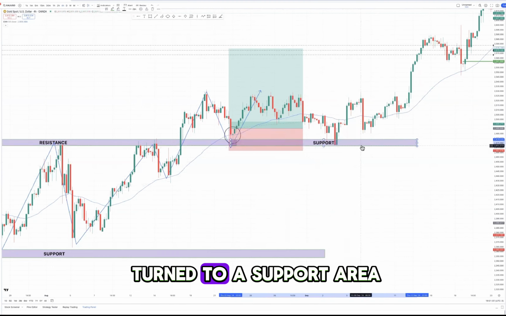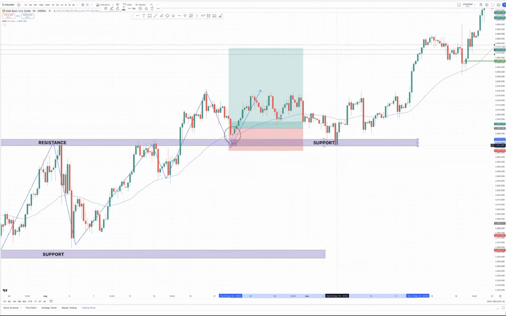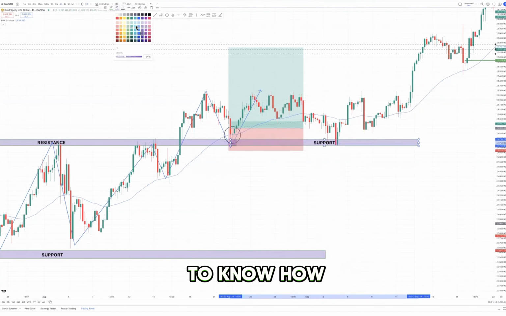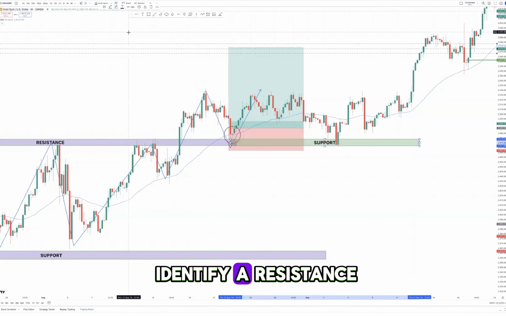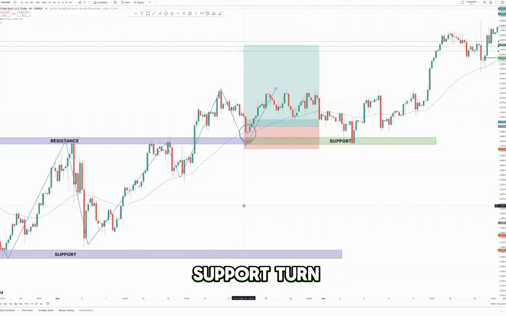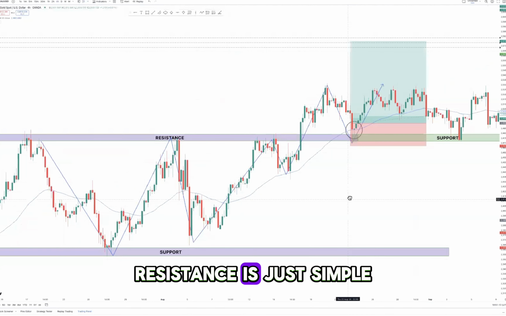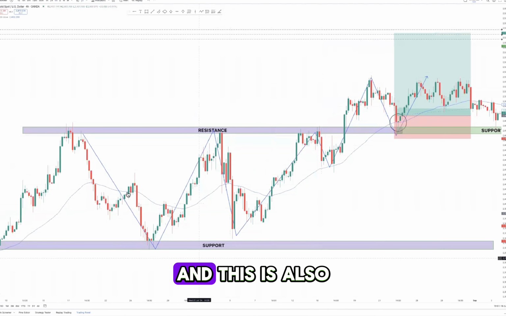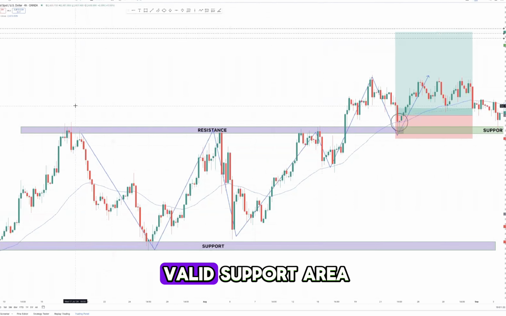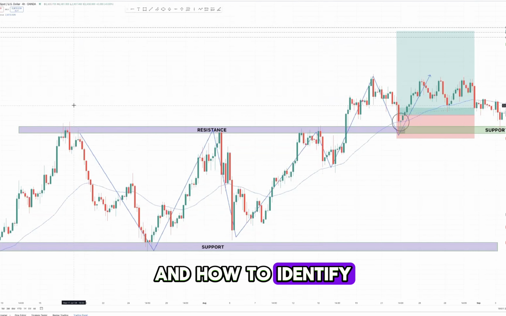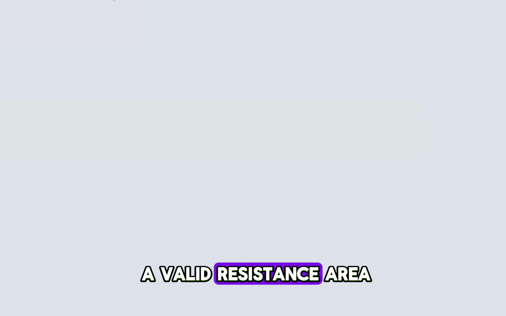This is how to identify a resistance turning support and a support turning resistance. It's just as simple as ABC. And this is also how to identify a valid support area and a valid resistance area.